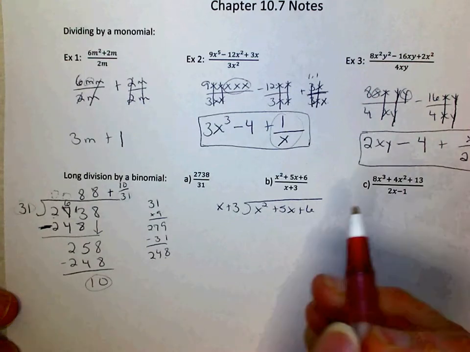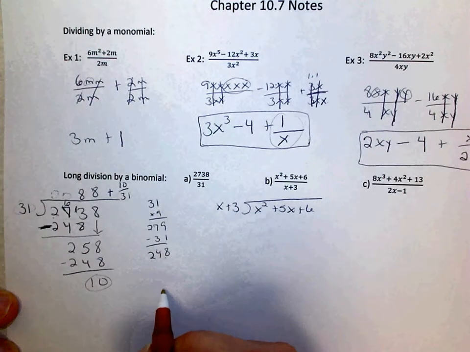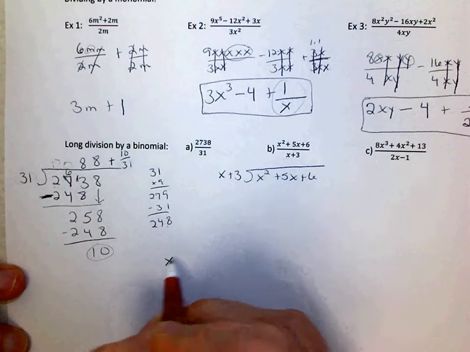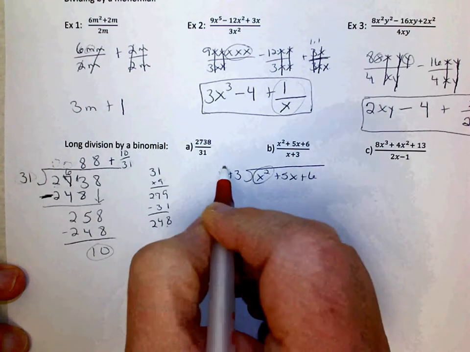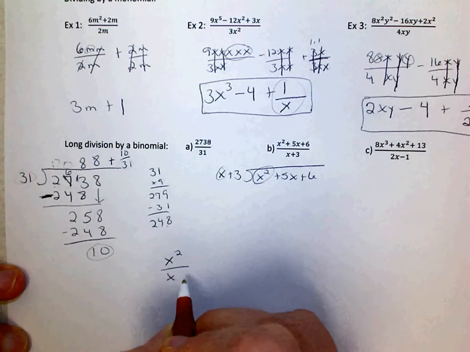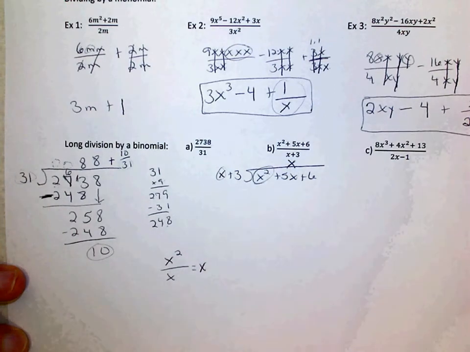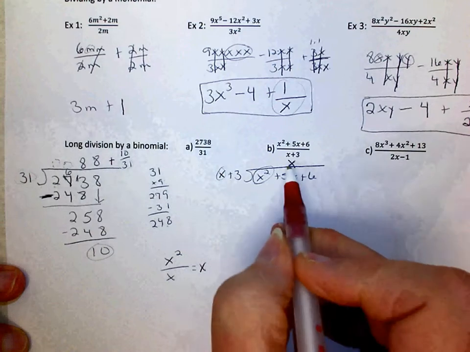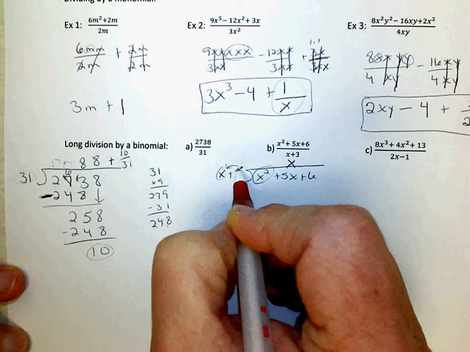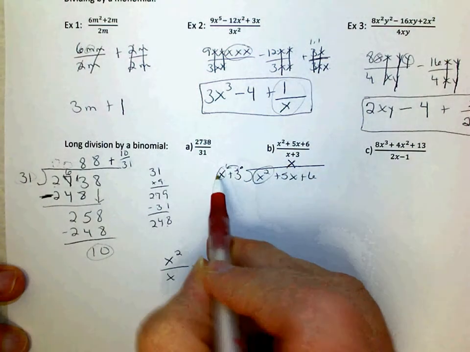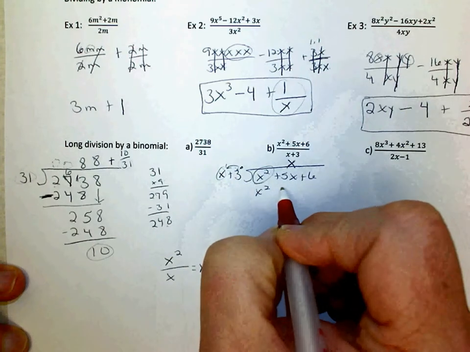So the sneaky part is we take, and I'm just going to use scrap paper right here, x squared divided by x, and that leaves us x. So this is going to go over a like term. Now, from that point, we times to all of these terms. So x times x is x squared. x times 3 is plus 3x.